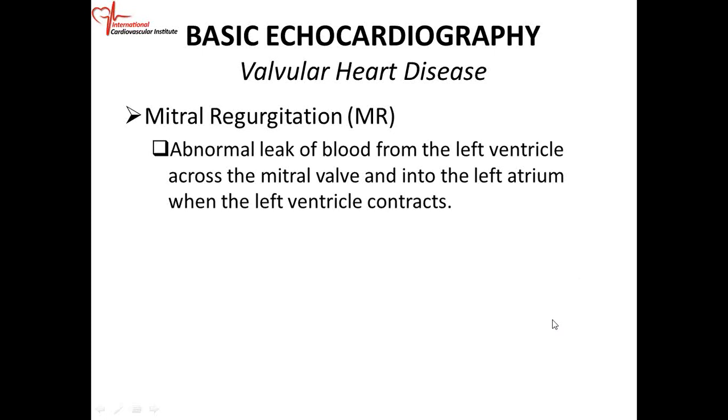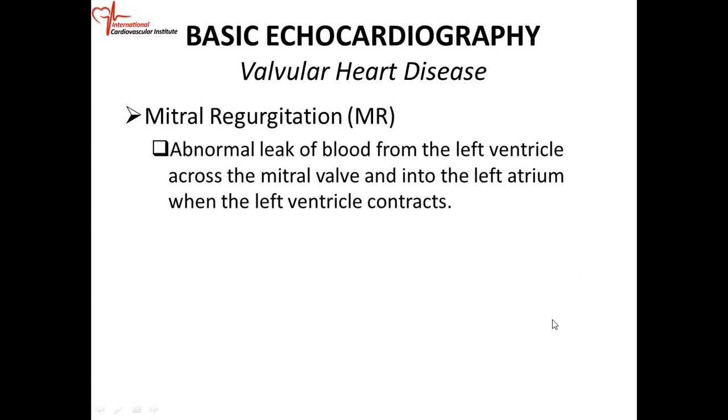So, when we talk about mitral regurgitation or any type of valvular pathology, you have to understand what we're talking about. Okay? So, when we say mitral regurgitation, the definition is the flow of blood across the mitral valve from the left ventricle to the left atrium.